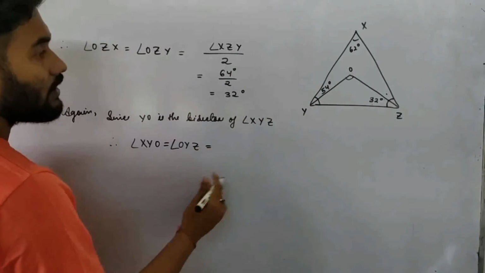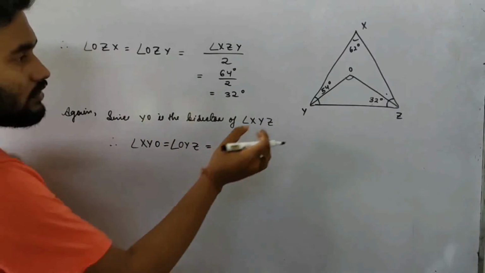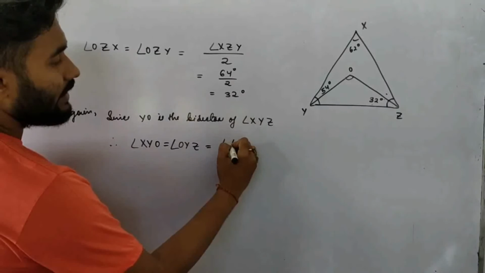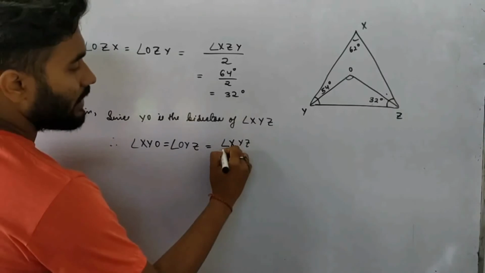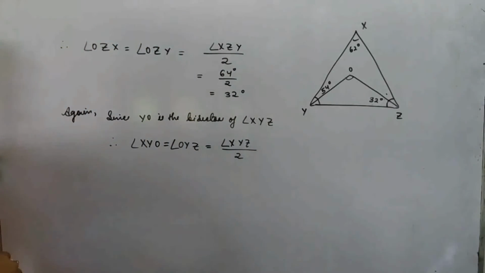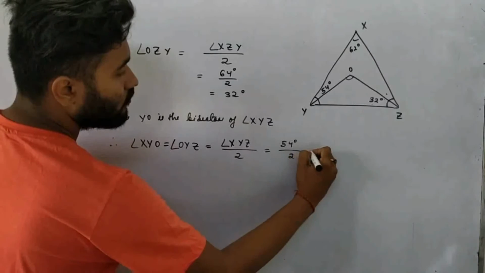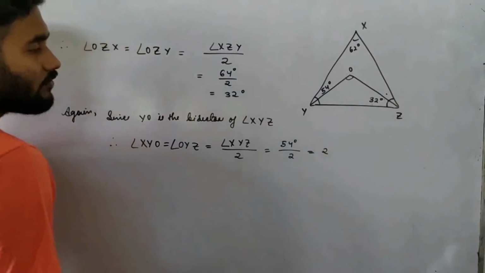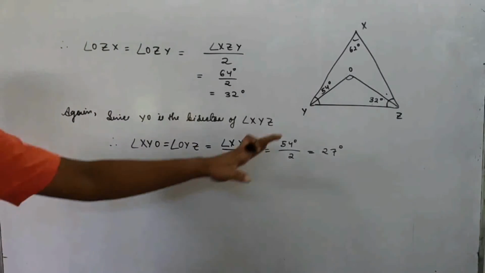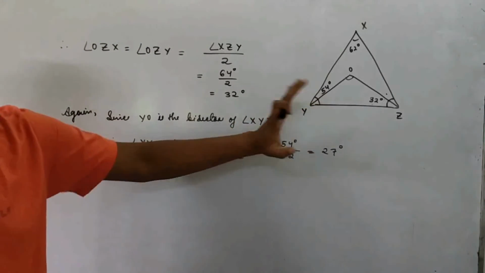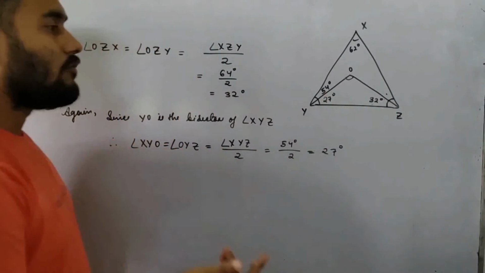OYZ will be equal to half of this complete angle, divided by 2. The complete angle is angle XYZ divided by 2, which means 54 degrees divided by 2. 2 2s are 4, 5 14, 2 7s are 14. So this up and down, 27, 27 degrees.